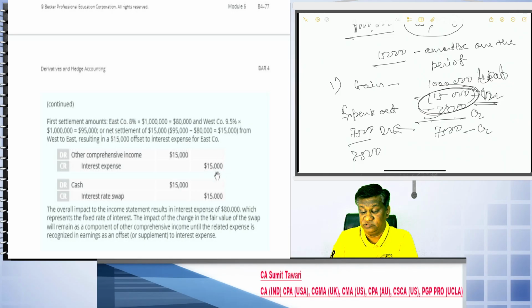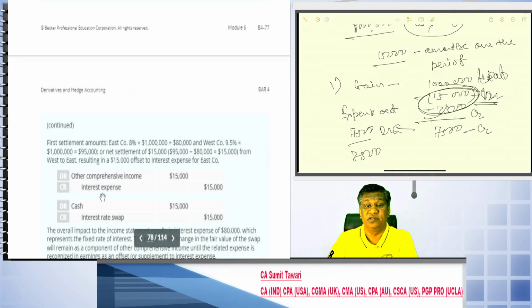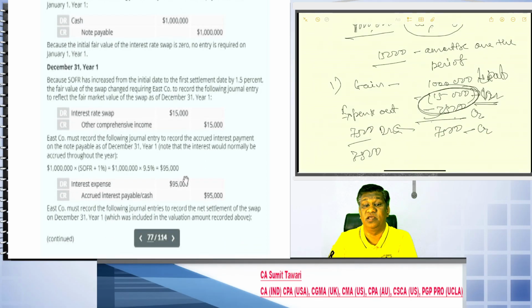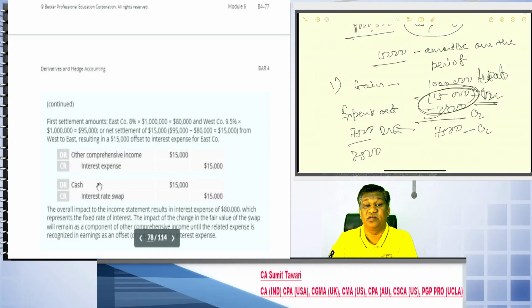So other comprehensive income is basically zero. Here it is credit and here it is debit. The interest expense is basically the 80,000 net effect: 95,000 when they actually make the payment to their investor, and the 15,000 credit routed through other comprehensive income.